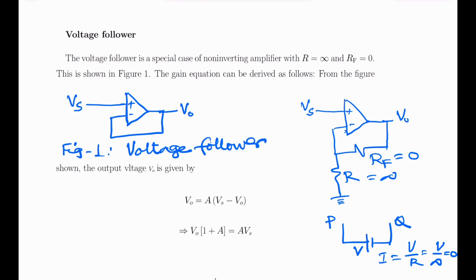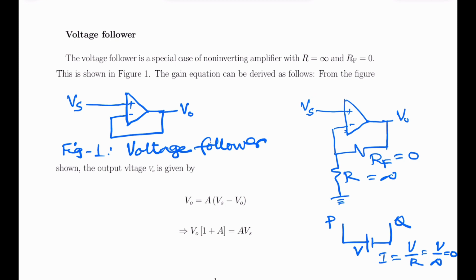The gain equation of the voltage follower can be derived in the following way. At the non-inverting input, the voltage applied is Vs, and at the inverting input, the voltage is V0, because the output and the inverting input are connected together. So V0 is equal to A times (Vs minus V0).